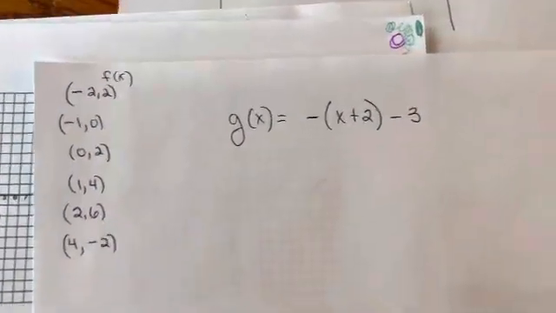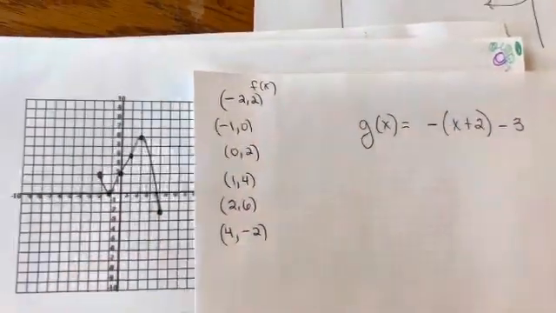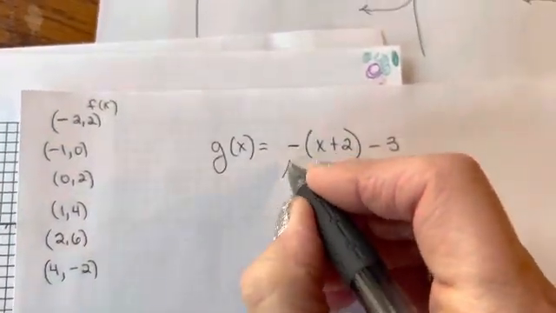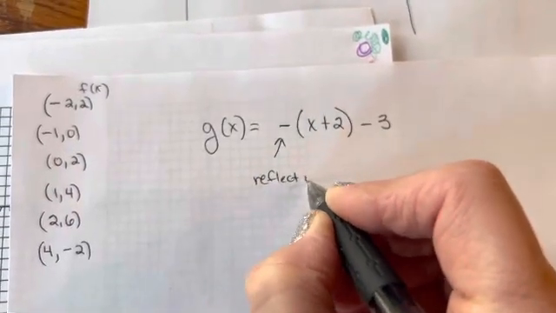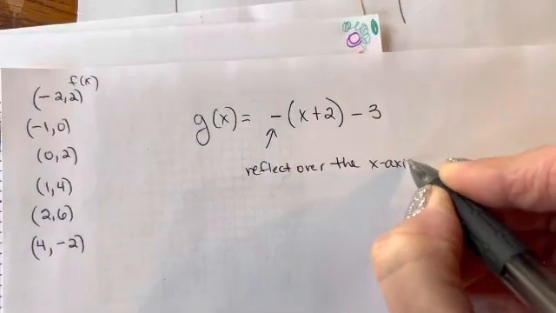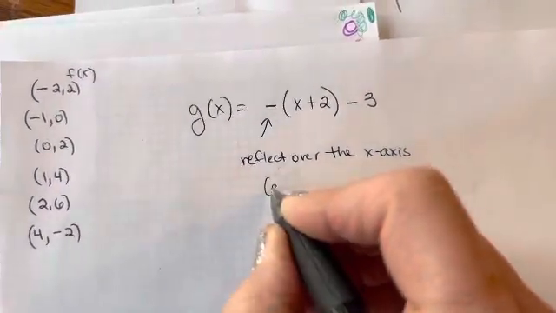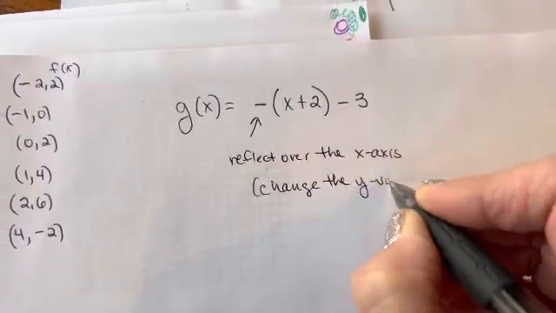And you're like, what? Well, first of all, if it was just multiple choice, I could probably pick out my graph. I know that this is going to turn him upside down, right? This is going to make him reflect over the x. I do know that. So it's going to flip him upside down, okay? So I know this means I'm going to change the y value. That's what that means.